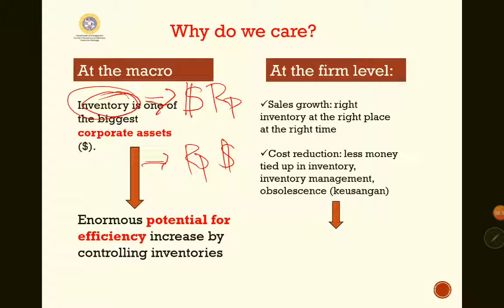At the firm level, it will help sales growth: the right inventory at the right place at the right time, just as I mentioned before. The second point is cost reduction. With less money tied up in inventory, you will have more profit, because just like I said before, you can transform your inventory to be more liquid, to be cash assets.